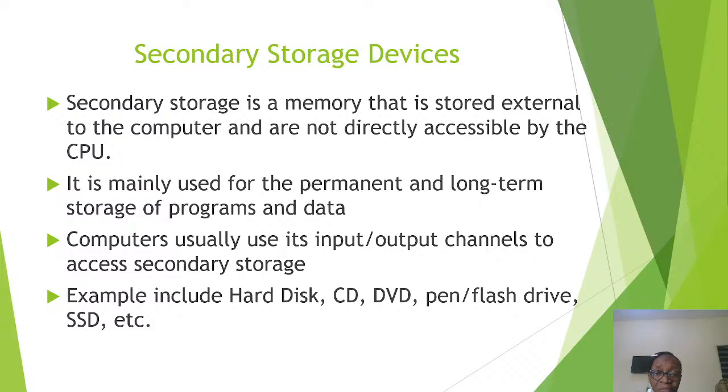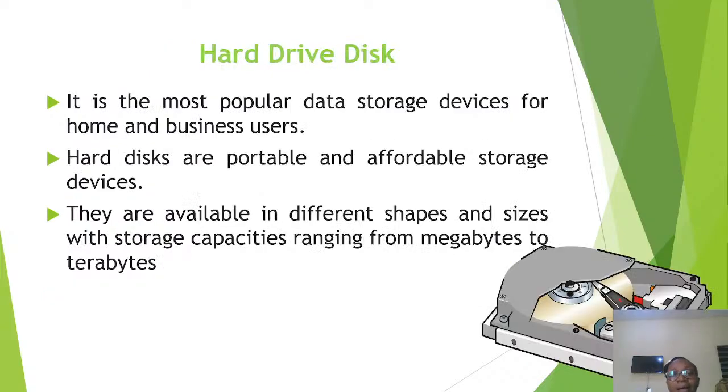The other three we looked at are mainly for the computer. It's the computer that understands what it is using them for. But for our own use, we normally use secondary storage for permanent and long-term storage in our hard disk, in our CDs, in our DVDs, and other devices.